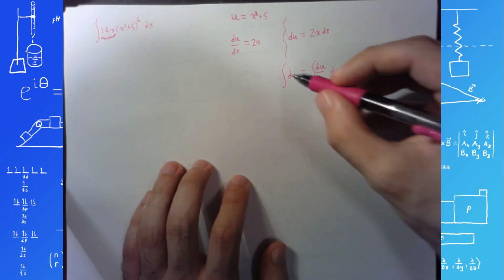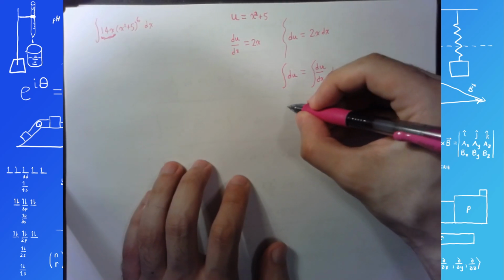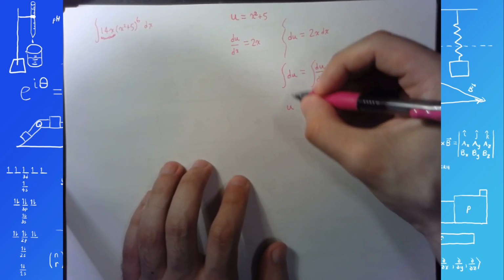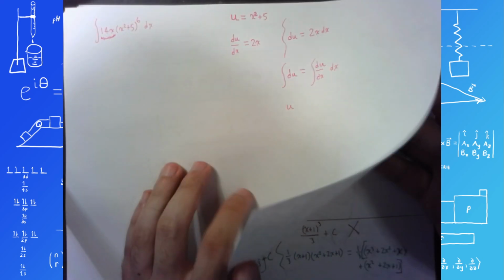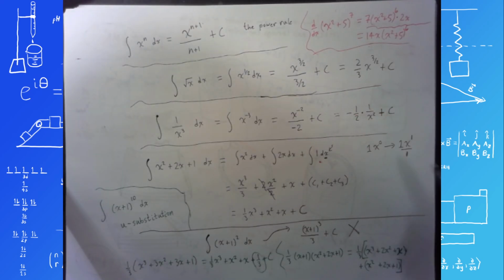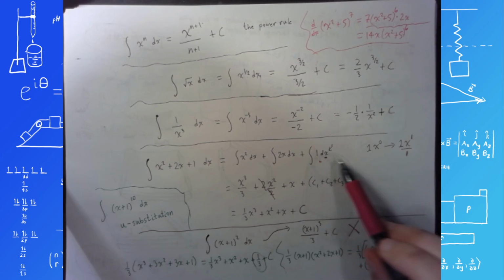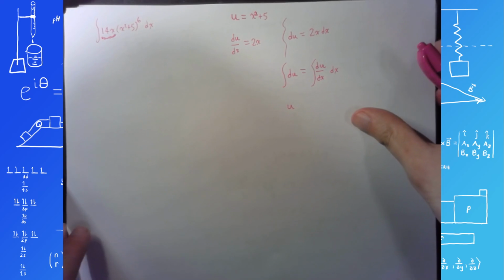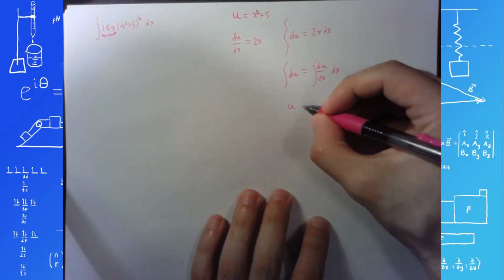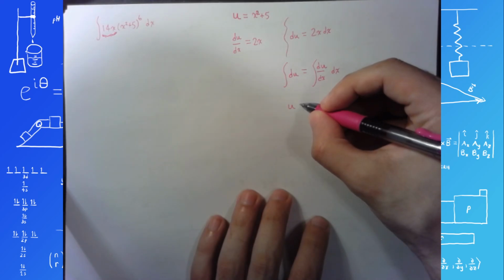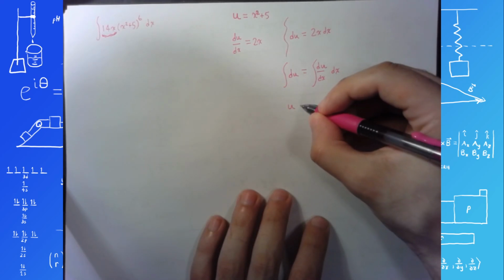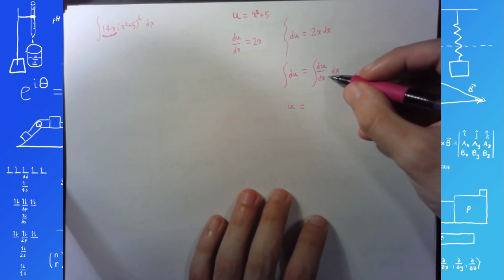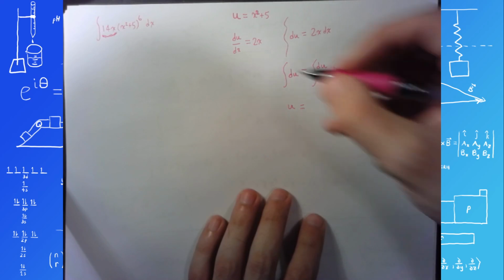So if I integrate both sides, then the integral of du is going to be u, right? This is just the integral of 1 du, kind of what we were talking about back here. The integral of a constant is just that constant times the variable. And then the integral of du dx. Well, du dx is just the derivative of u as a function of x.